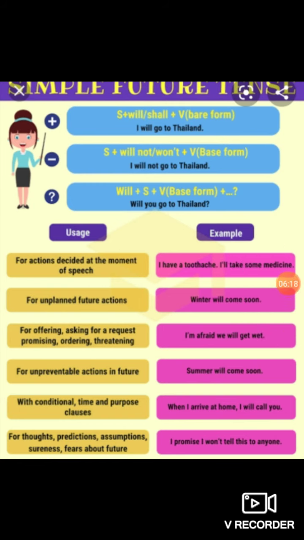Now move on to future continuous tense. In future continuous tense, the helping verb is will be, shall be. And shall be is used with I and we, and will be is used with the rest of the pronouns he, she, it, they, and you.